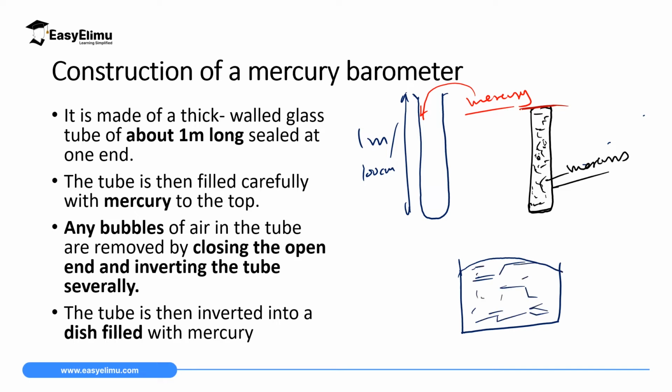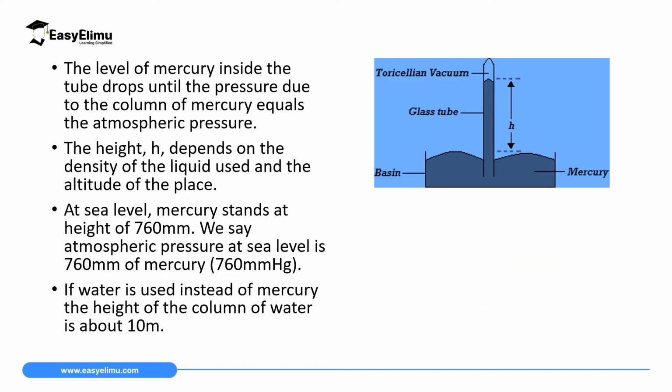You will take this tube and invert it upside down, so that the open end is in contact with this mercury. You invert it carefully so that air does not enter inside. Then we will realize that the level of mercury which was full in this tube will drop slightly.